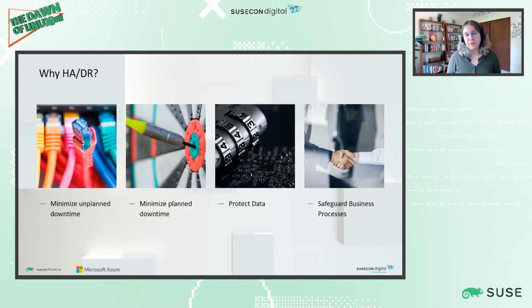You can employ a very different approach. Let's say it's a HANA database. You can patch the secondary. Then you can do a quick failover, and then you can patch the new secondary. With such an approach, you can reduce the downtime for such maintenance activities down to just a few minutes.